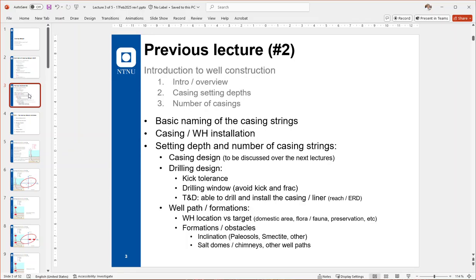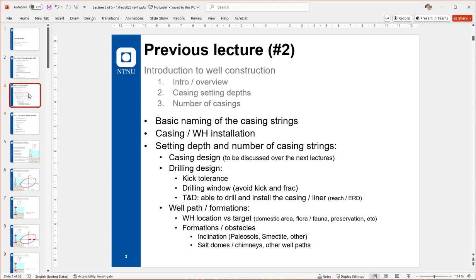To repeat, we talked about the basic naming of the different casing strings, the nature of their importance, and what will be the key factors per section. We will touch upon that and build more meat on the bones, if you like, as we go through the different topics listed in the overview, even as we talk about P&A and corrosion topics.